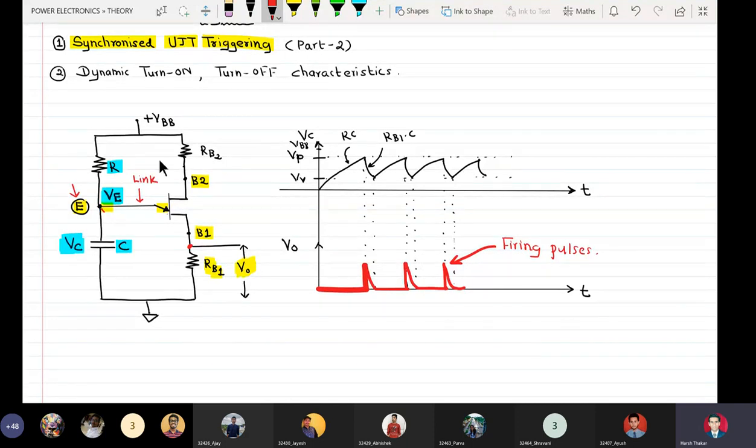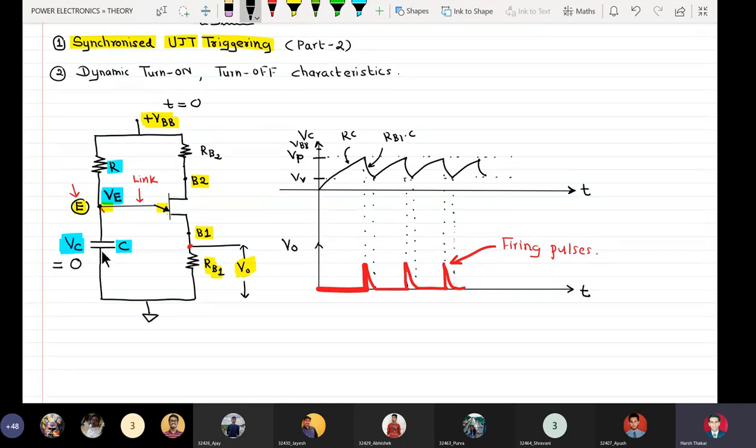If at time t equal to 0, the biasing voltage VBB is applied, we assume that the capacitor voltage VC is equal to 0.